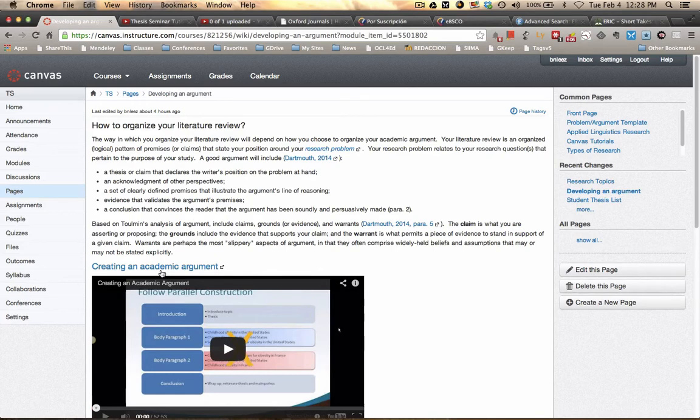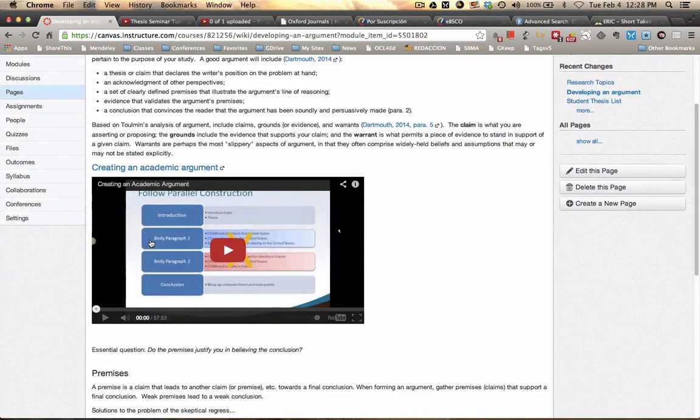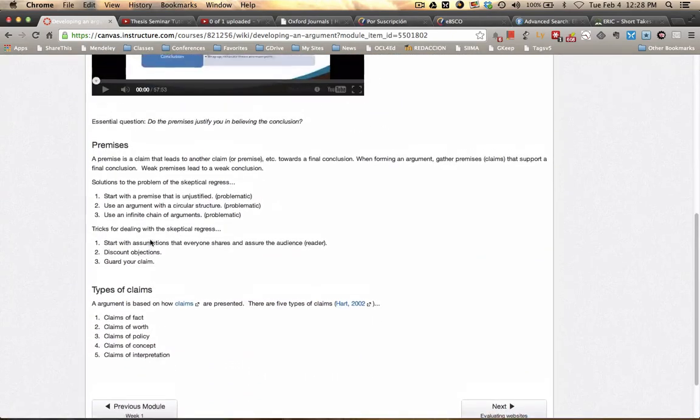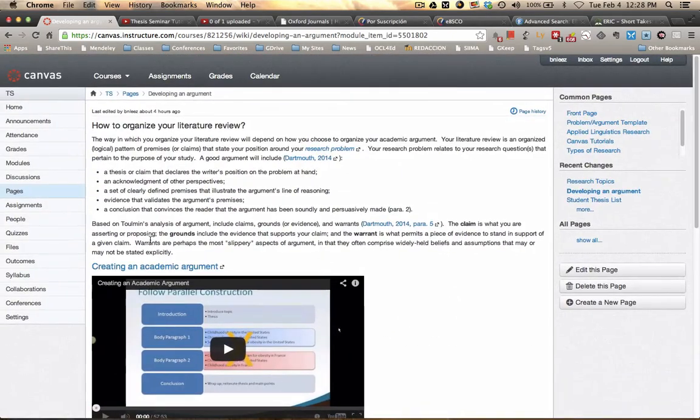So it's basically figuring out how we're going to organize our ideas in our literature review, and maybe it's already organized and we don't have to make hardly any changes, but this is what we need to look at to make sure that you are organizing your ideas around your thesis statement and your research questions, and that you're forming an argument in your theory.